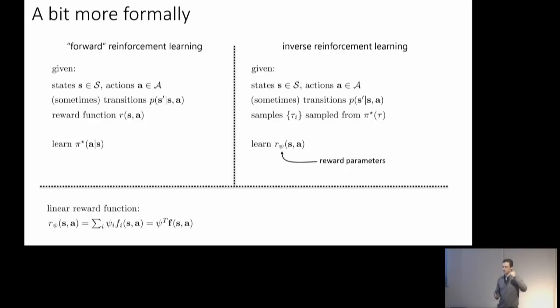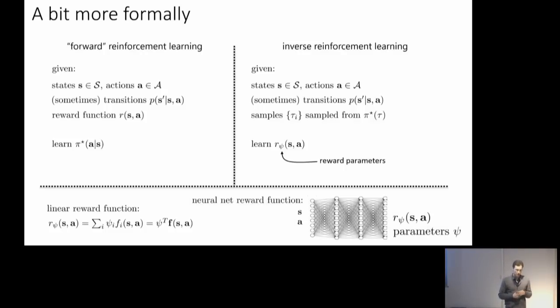Maybe you want to go fast, but you don't want to hit another car. So then your weights would be like +1 and -1. But you can also use nonlinear function approximators, and we'll discuss that today. You could imagine, for example, that R psi is a neural net that takes in a state and an action and outputs a scalar value, and psi then denotes the weights in this neural net.